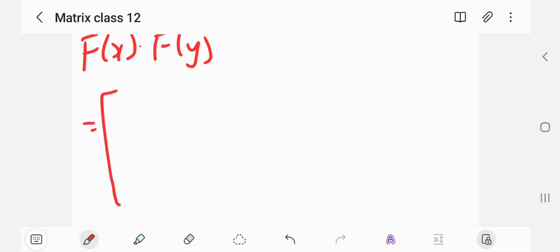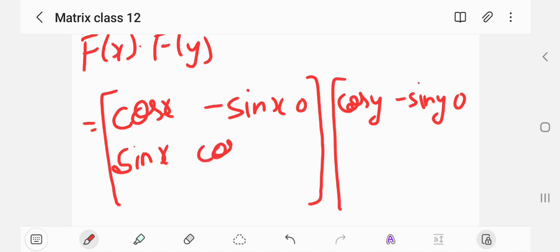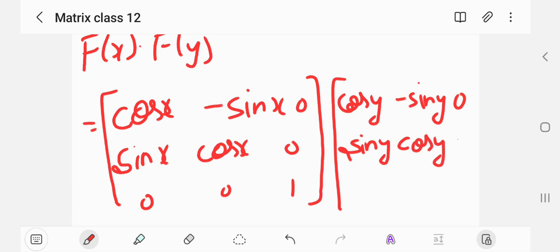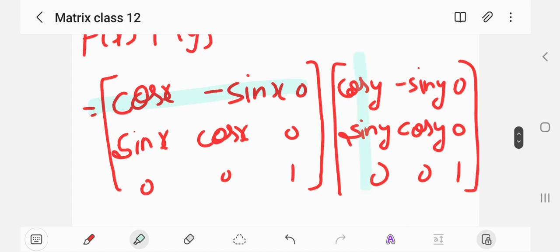So here I have cos x, minus sin x, 0, sin x, cos x, 0, 1, 0, 0, and here cos y, minus sin y, 0, sin y, cos y, 0, 1, 0, 0, right? How do we multiply? As you know, we will multiply this row with this column.